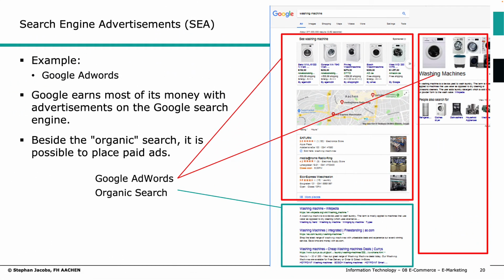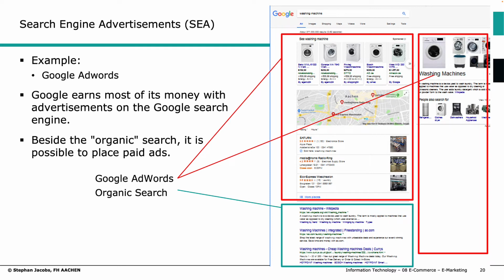You can do ads as well in search engines like Google. On the right hand side you can see a research page by Google when looking for washing machines. And in the areas circled by a red rectangle, these are paid ads. So this is not a search result depending on the content of your website.